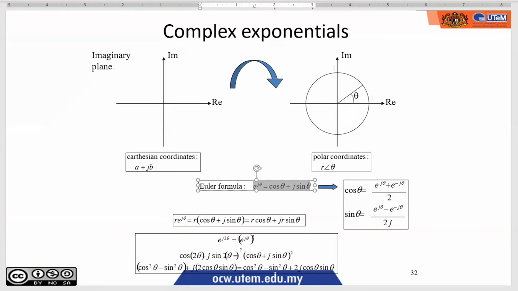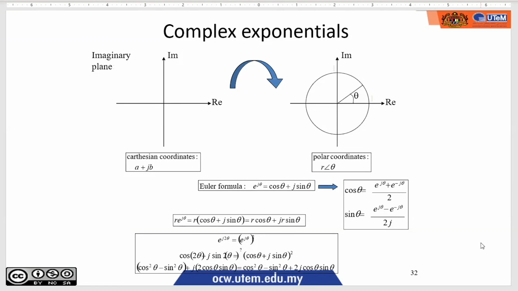So this Euler is actually cos theta plus j sin theta, and this is the idea of the Euler function. So simply as it is, exponent 2 theta, j to the theta power with the exponent theta bracket squared. So that will be the same.